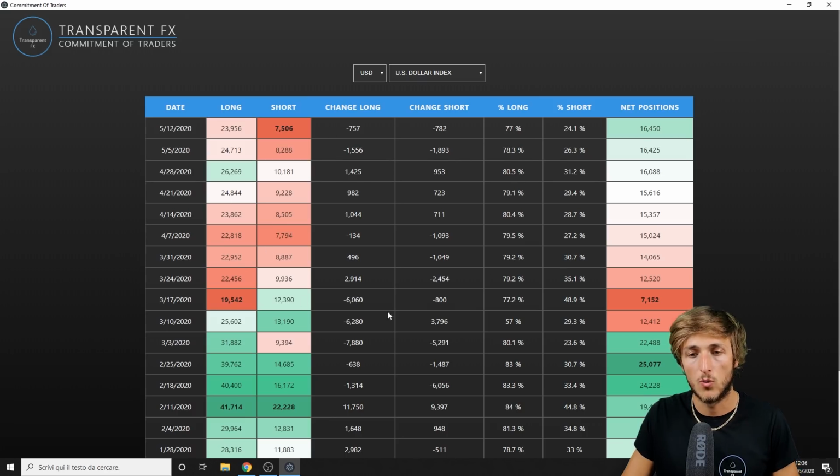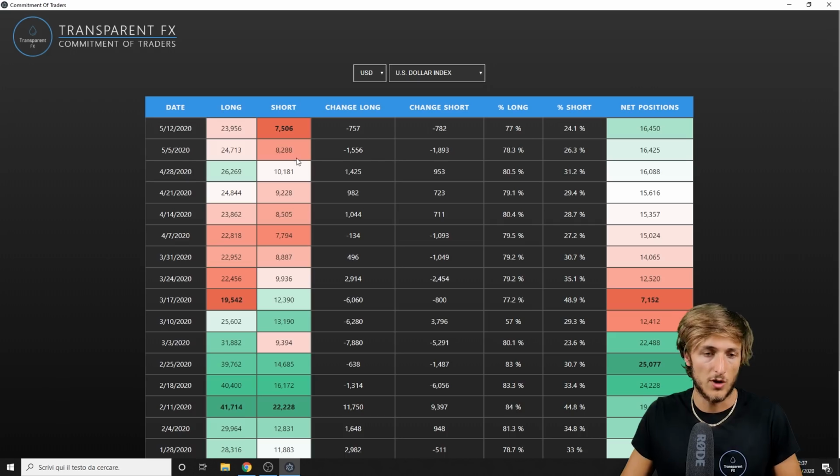These tables are literally the positioning of the biggest speculators in the market, so hedge funds and how they are trading. They are forced to report their positions, and by understanding their long-term positioning in the market, you can have an edge over your competitors, because you know what they are doing.